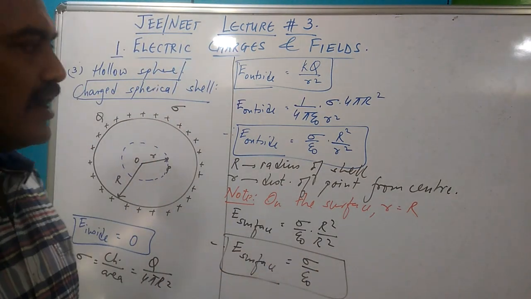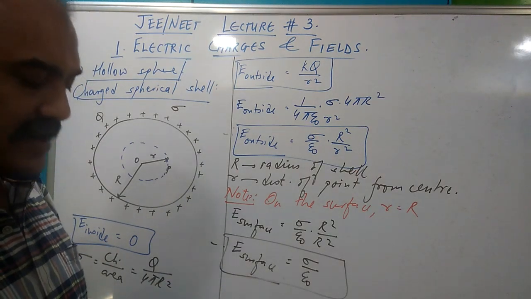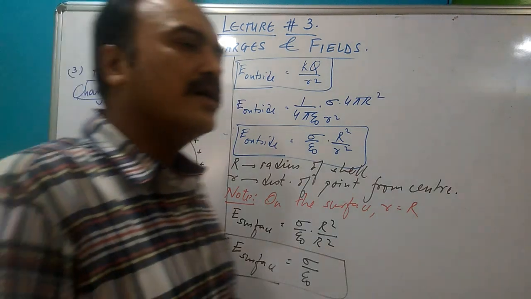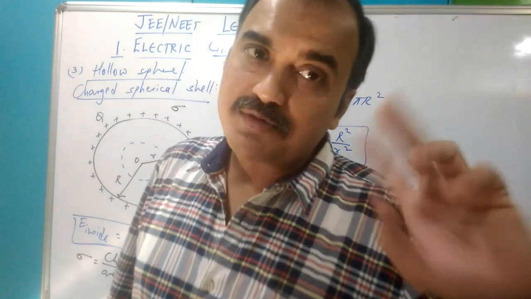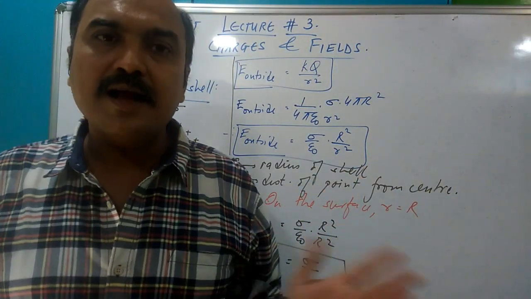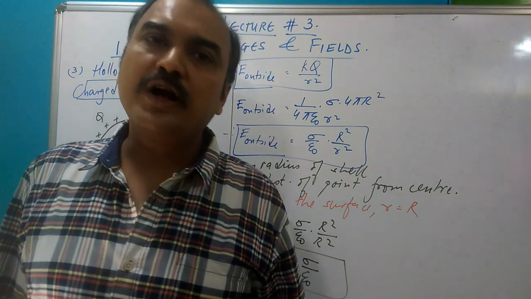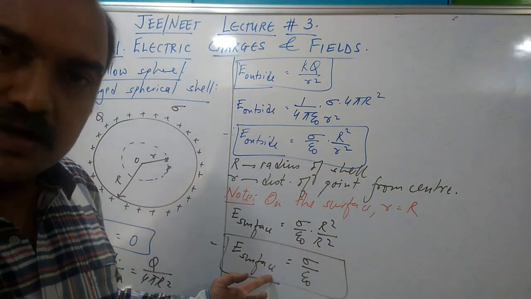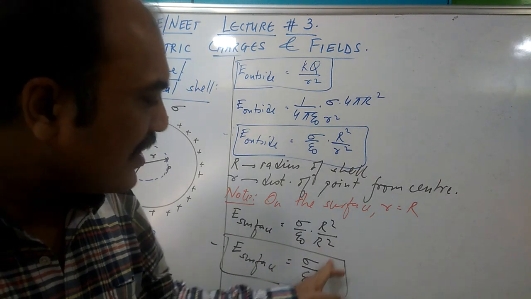Somebody asked me one day that I've got two shells. One has a radius of 10 centimeter, the other has a radius of 20 centimeter, but both have the same surface charge densities. Then what is the ratio of electric fields on the surface? I say, you're kidding me. On the surface, electric field is sigma by epsilon 0.